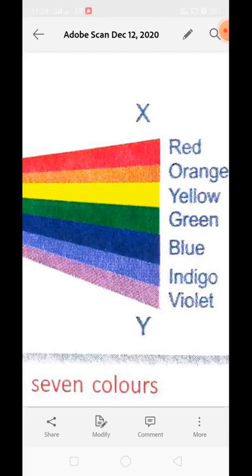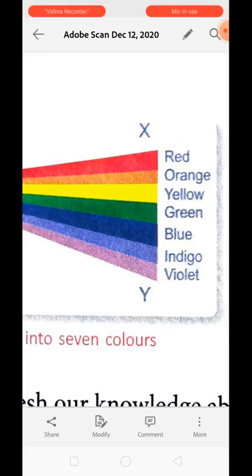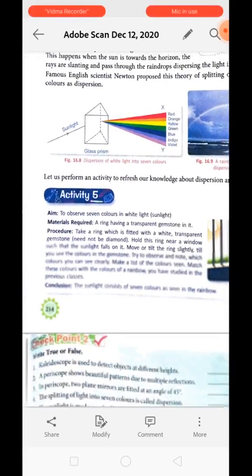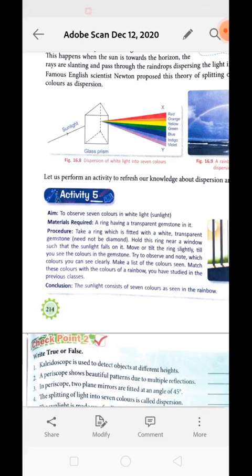Now let us perform an activity to refresh our knowledge about dispersion and the color of light. We are going to perform activity number 5 to observe the 7 colors of white light. For this, we need a ring having a transparent gemstone in it. Take a ring fitted with a white transparent gemstone.